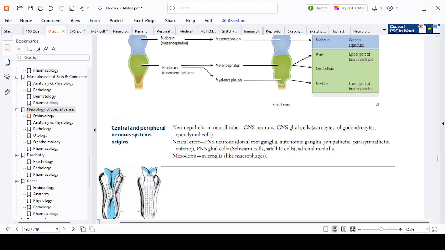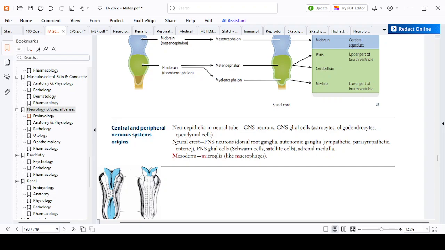So within this neural tube there is neuroepithelia that forms the CNS neurons and the glial cells, which contain the astrocytes, oligodendrocytes and the ependymal cells. We'll be reading each and every one in the upcoming session. Just remember that these are the CNS glial cells: astro, oligo, ependymal cell. The ependymal cell is famous for the CSF formation within the ventricle.